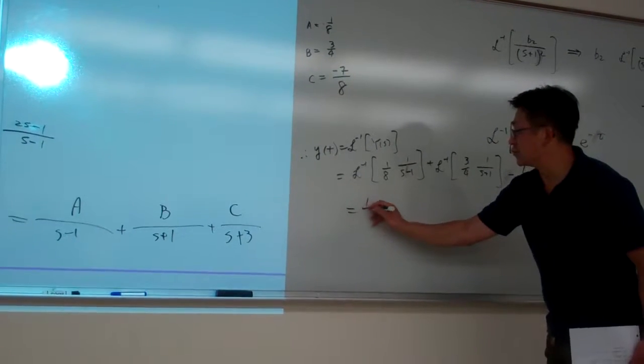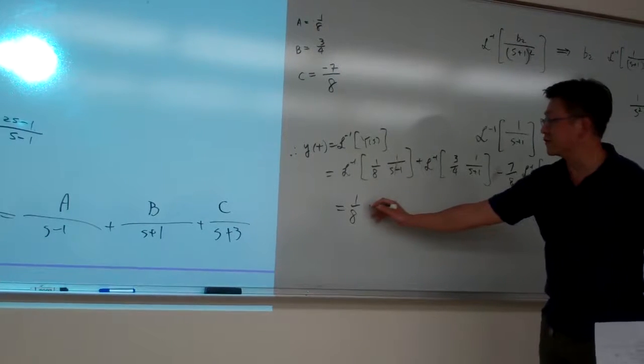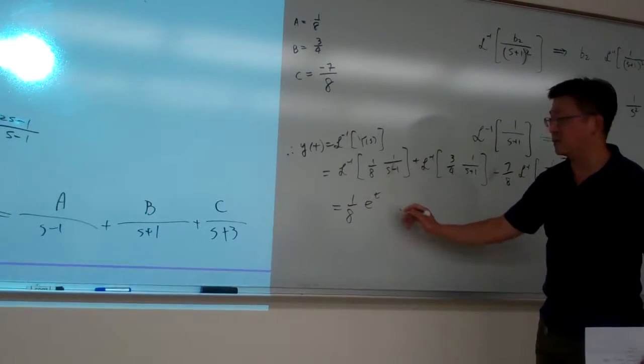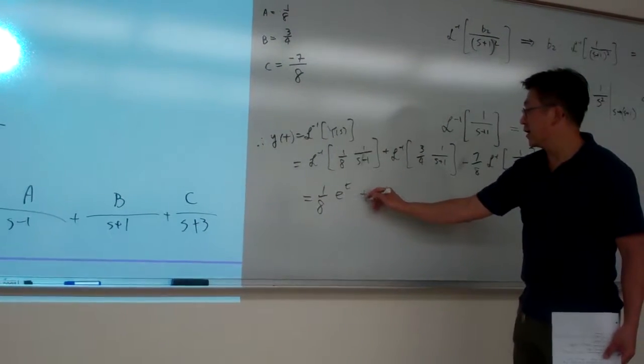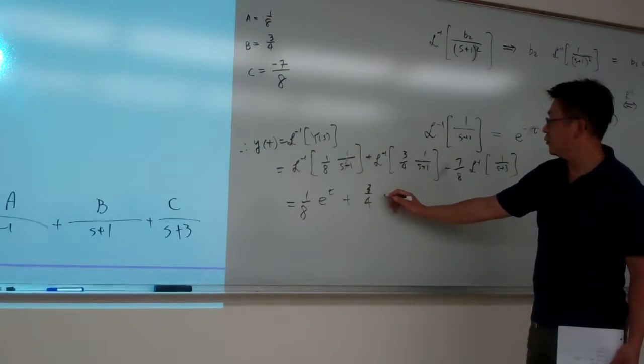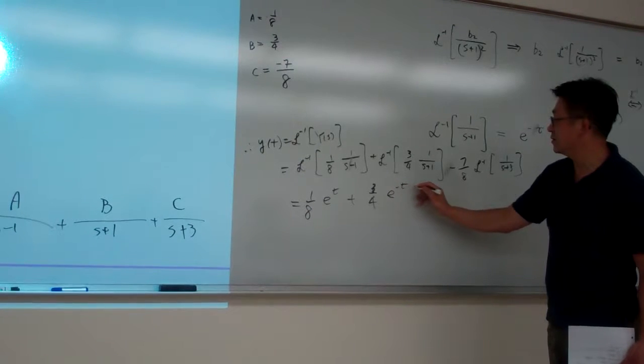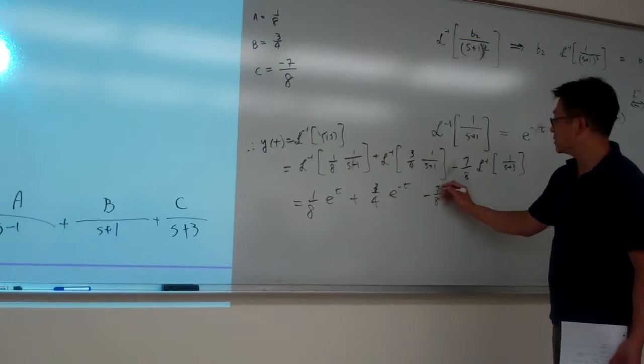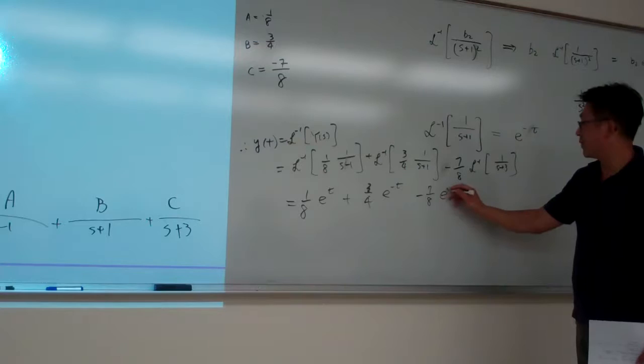Basically that is 1/8 e to the t, looking at the table, plus 3/4 e to the minus t, and the last one is minus 7/8 e to the minus 3t.